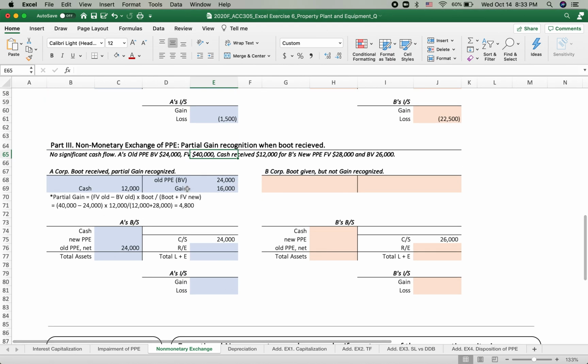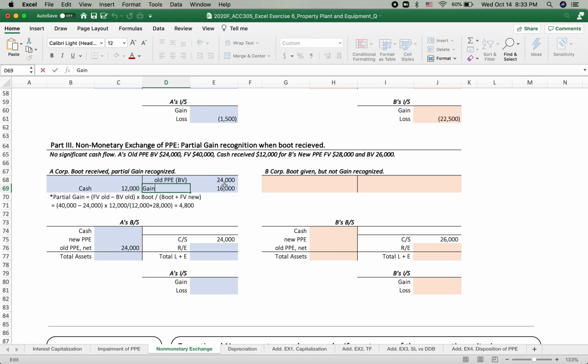So we do not recognize this gain, the difference between the fair value of $40,000 and the book value of $24,000. We just trust only part of the gain from the exchange, the fair value of $28,000 and the cash received of $12,000.